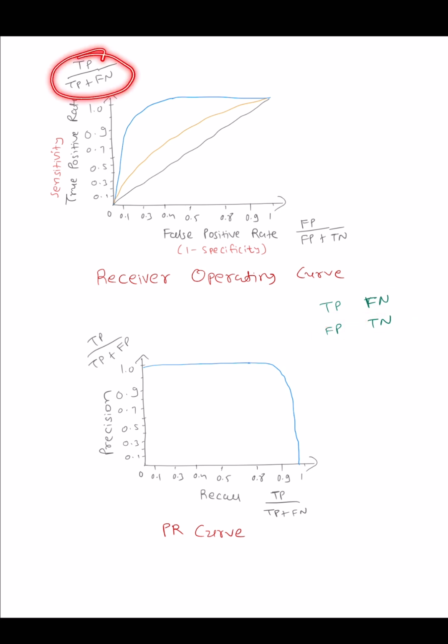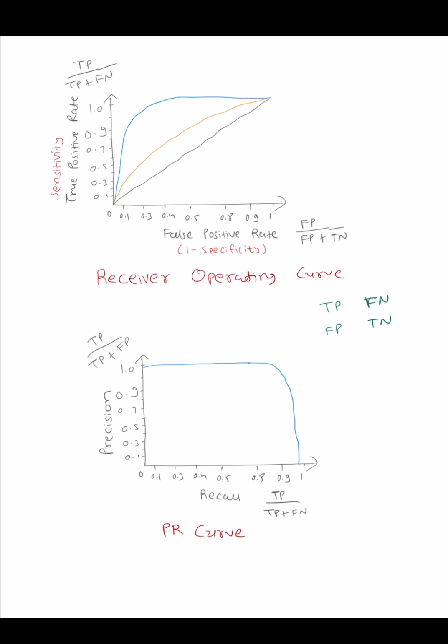According to the equations we get a point and represent it on the graph, and then we change the threshold. Let's say now we make it 0.6 and we get another point, and so on. Across different thresholds we map points on this graph, and we get either a curved line or a straight line based on the points we got.